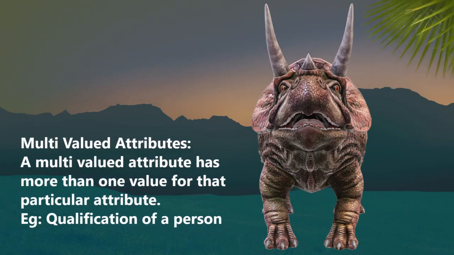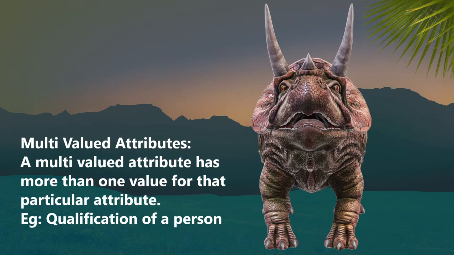Next one, multi-valued attributes. From the name of the attribute itself, we can identify that it is an attribute which has more than one value for that particular attribute. Such attributes are known as multi-valued attributes. For example, qualification of a person. When we write the qualification of a person, there may be one, 2, 3, 4, 5.